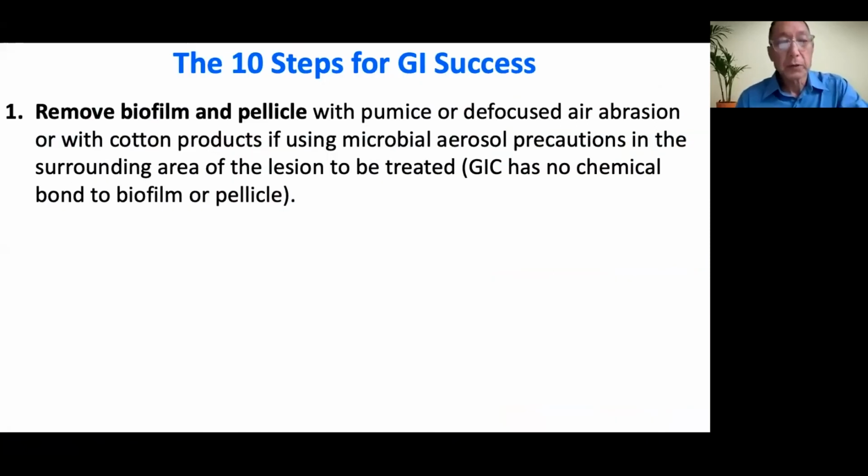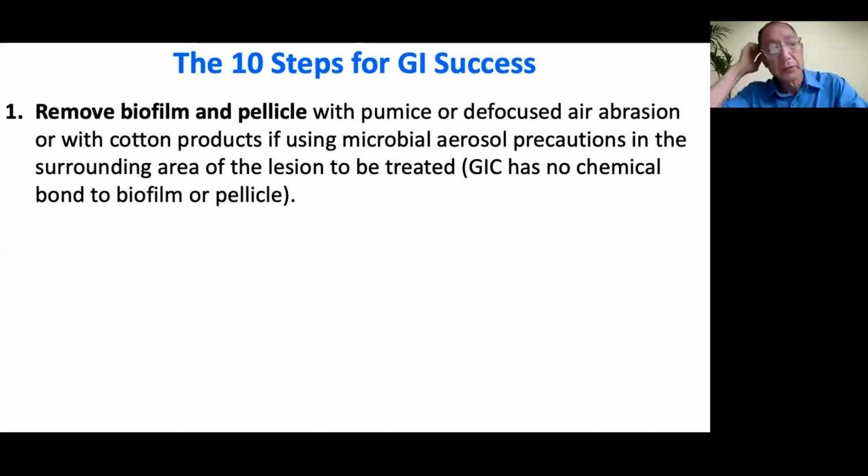So here are the 10 steps. The first one is the most important because nobody does it. Clean the entire tooth. You want to remove the pellicle and the biofilm because glass ionomer has no chemical bond to that. You need mineral. I like defocused air abrasion or pumice, gray pumice with slow speed.